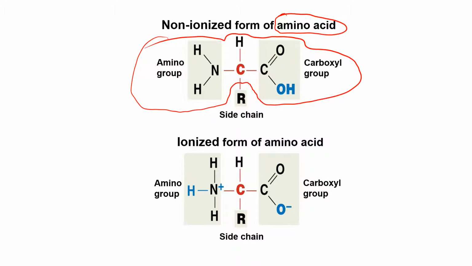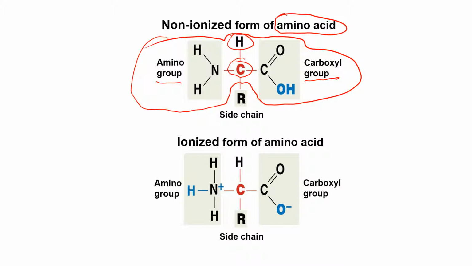You have a carboxyl group, an amino group, a hydrogen, and a central carbon. That's what makes up the backbone of every single amino acid.